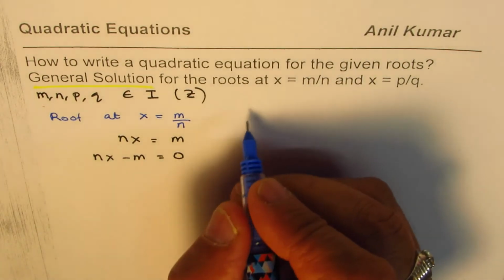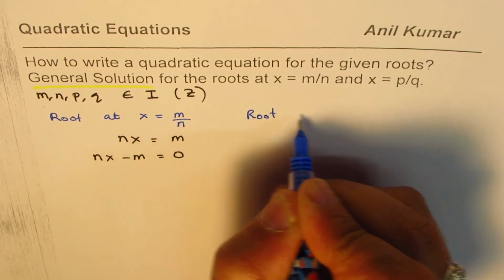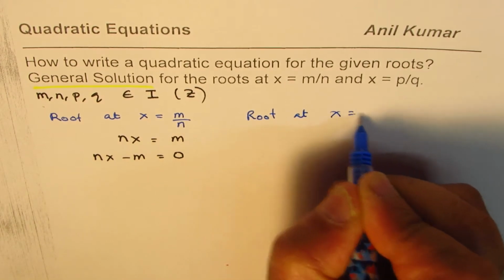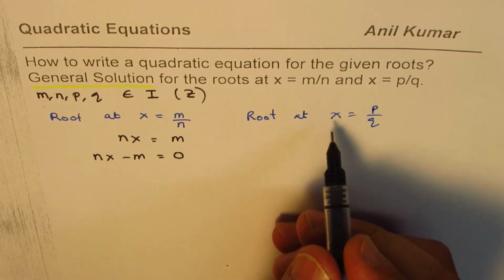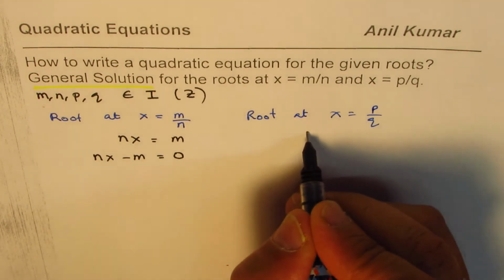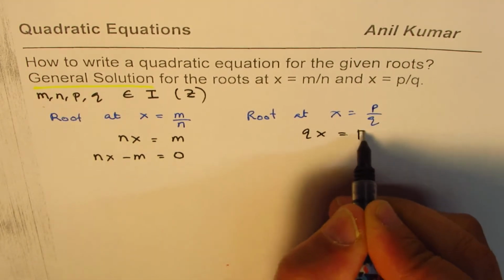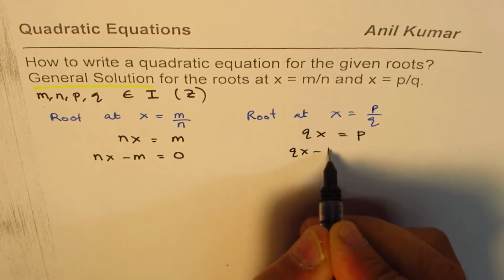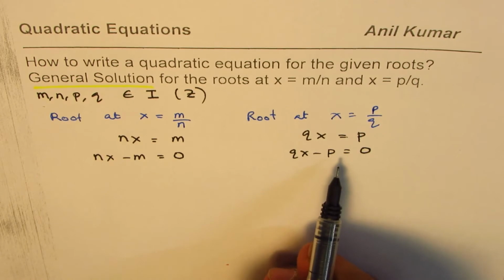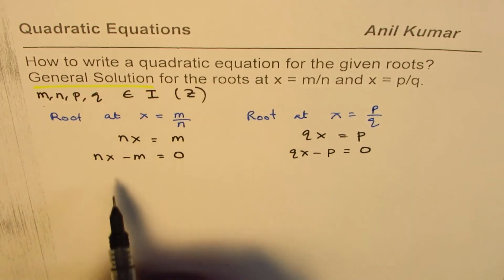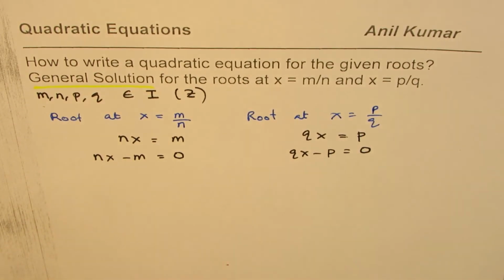Similarly, what do you understand by saying that root at x equals p over q? Well, rearrange that also. So what you get here is q times x equals p, or q times x minus p equals 0. Now when we get these two roots, it's simple to write a quadratic equation. They become two factors, right?